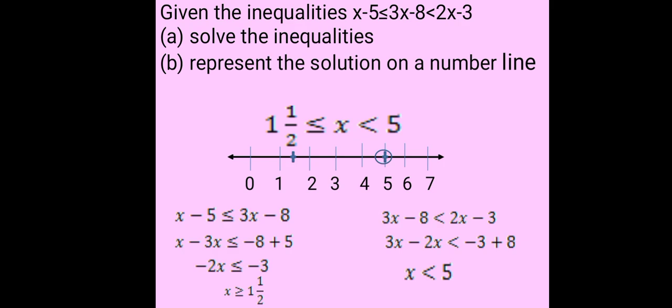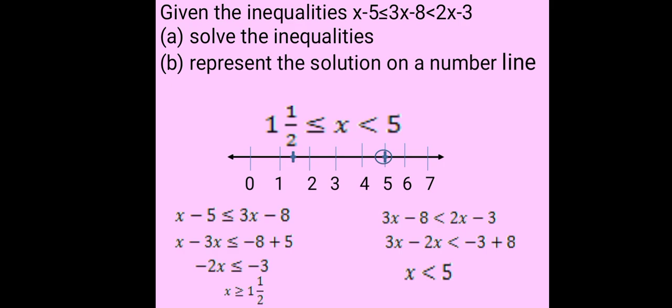The first part is x minus 5 is less or equal to 3x minus 8. Solving, we get that x is greater or equal to 1.5. The other part, 3x minus 8 is less than 2x minus 3.